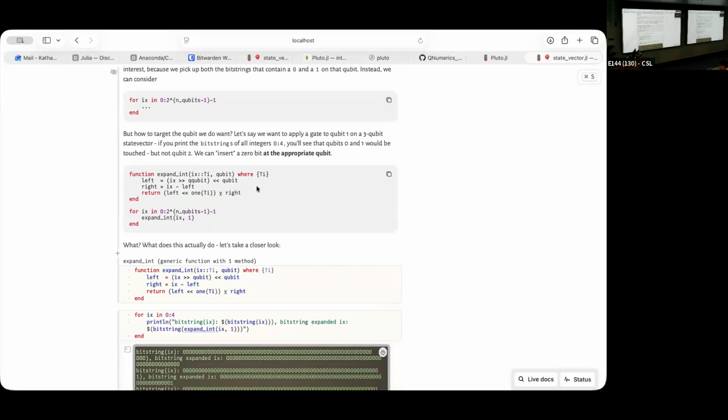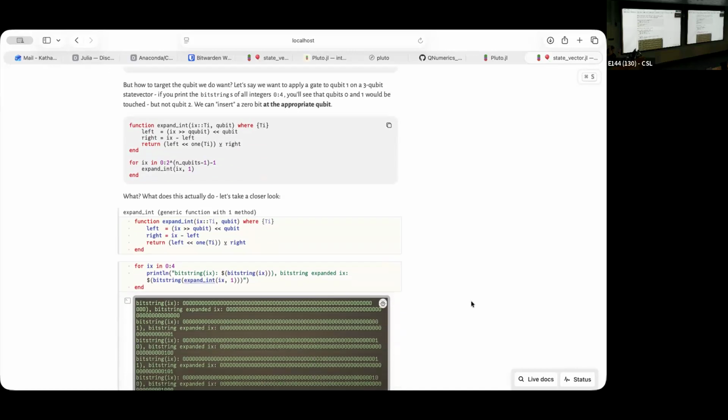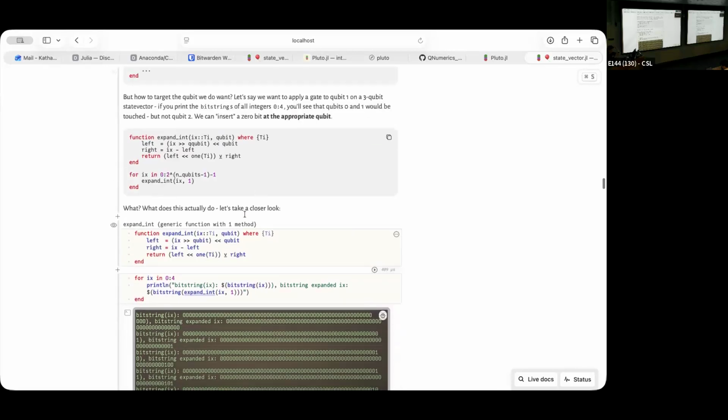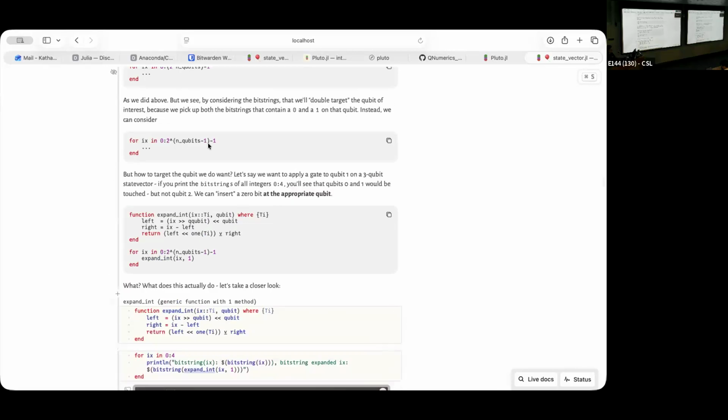This function is kind of subtle if you've not done this before, so we'll go through and show what it really does. We want to take some integer ix from this half list of all the indices of the state vector and expand it in an appropriate way so we touch all of the segments for the specific gate only once, so that we avoid applying the gate effectively twice or not at all.